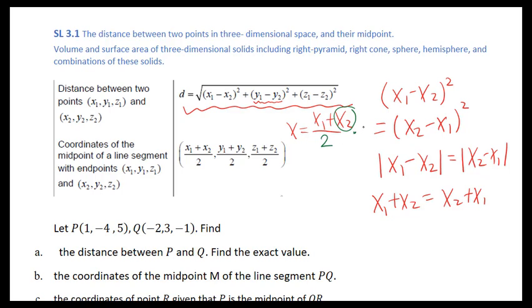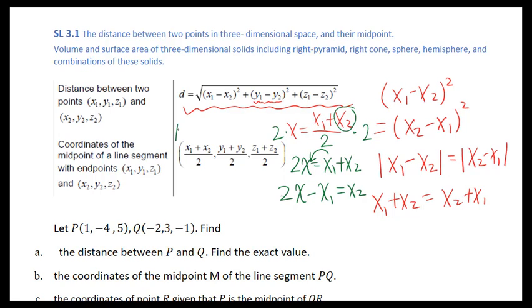First of all, you multiply both sides by 2, so you get 2x equals x1 plus x2. Then for x2, you subtract x1 from both sides, so you get 2x minus x1 equals x2.